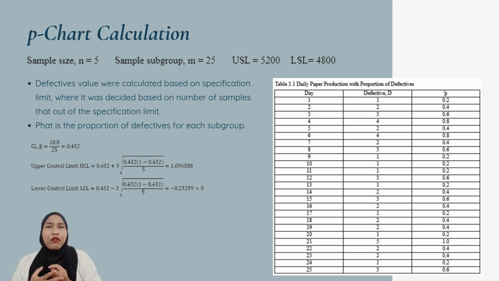And then for the lower control limit, LCL equals 0.432 minus 3 square root of 0.432 times 1 minus 0.432 over 5, and we get negative 0.23259, approximately equal to 0.